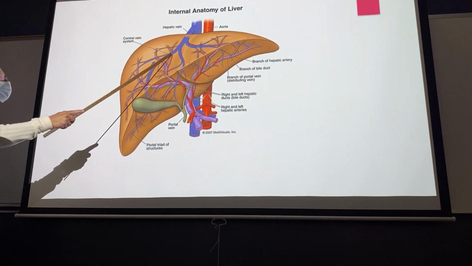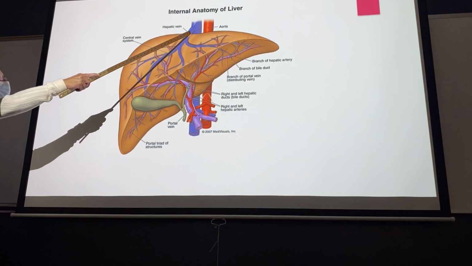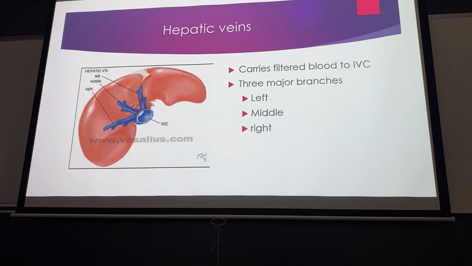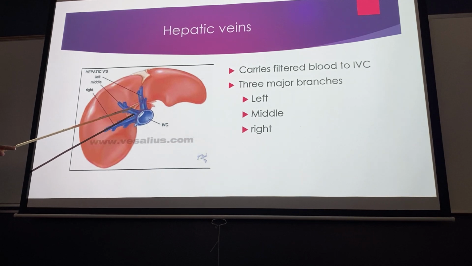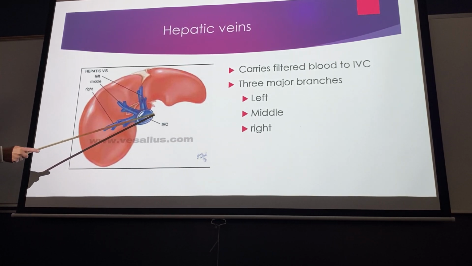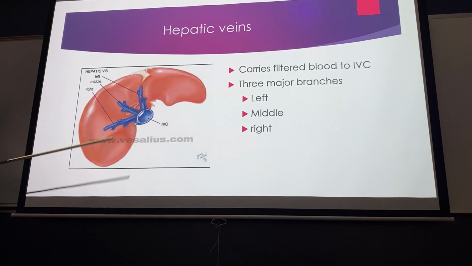So they are basically going to take that blood that has now been filtered and return it back to the IVC. Again, it gives you a different example of it. The three major tributaries that we see with those hepatic veins would be the left, middle, and right, all of which are going to lead back into the IVC.